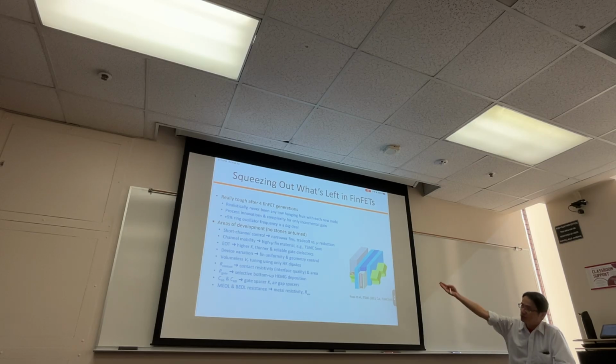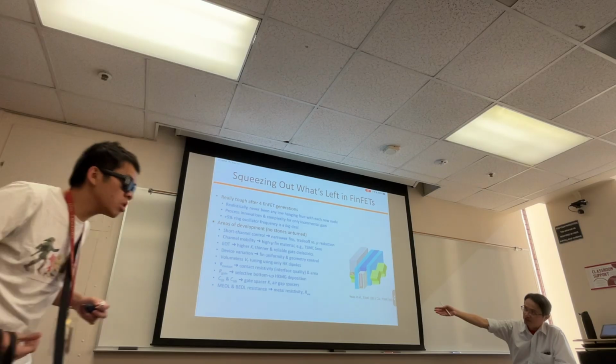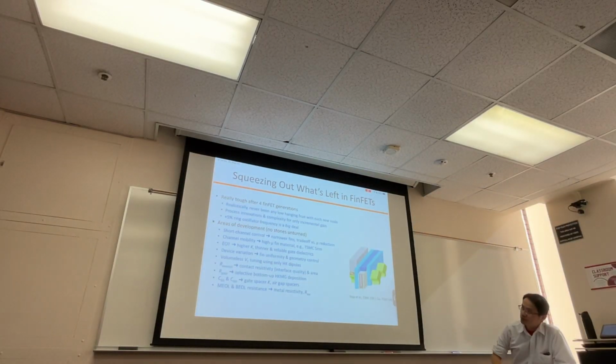So still there'll be some. You can see there are some items that they still continue to try to improve, right? So for example, the short channel controls. They try to make the fins narrower, right? They still try to improve the channel mobility, right? There's a lot of variation. They also try to improve that. The contact resistance, we talked about this, right?